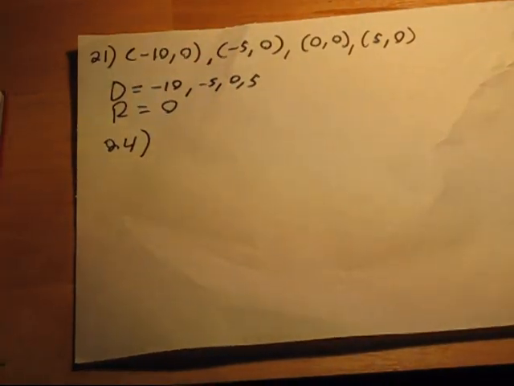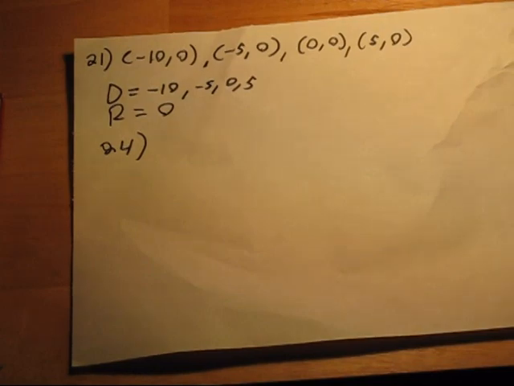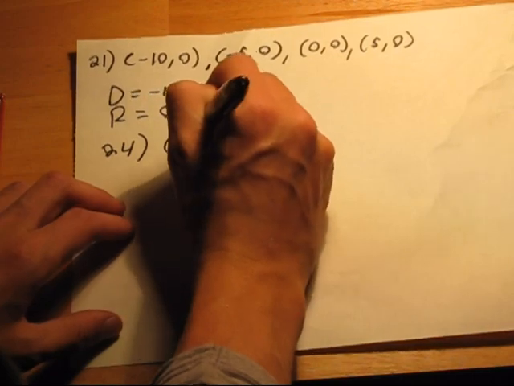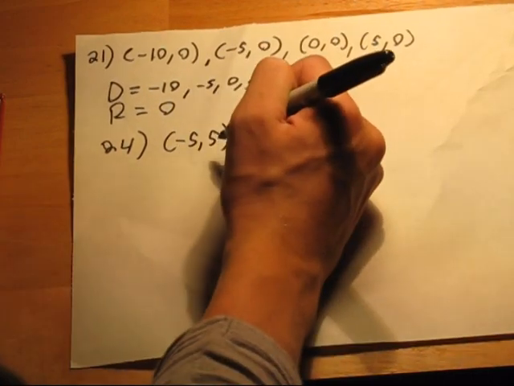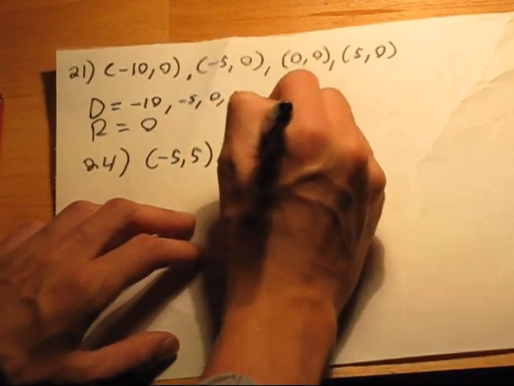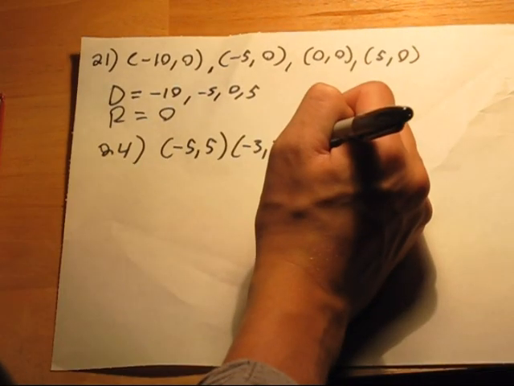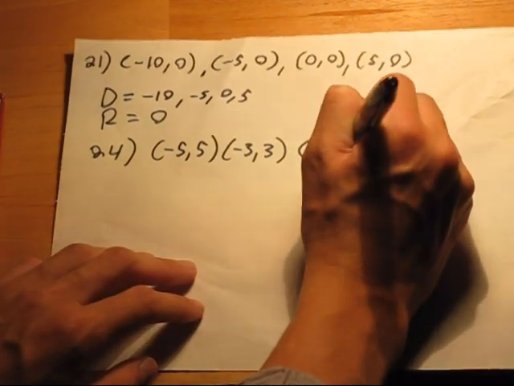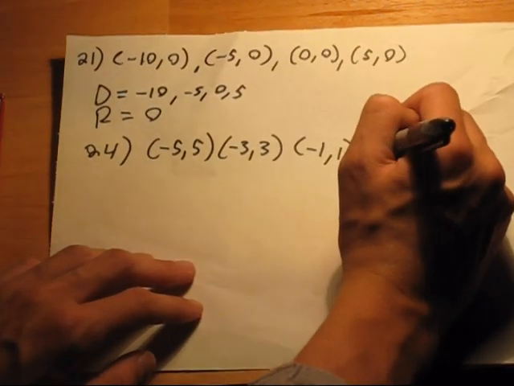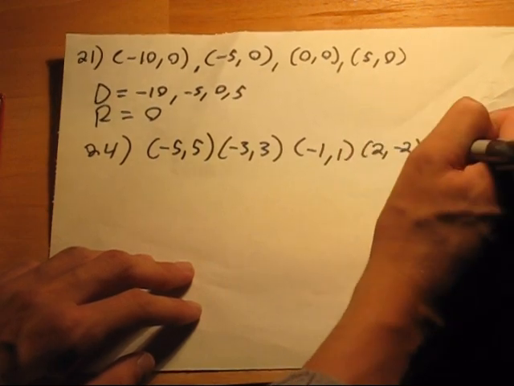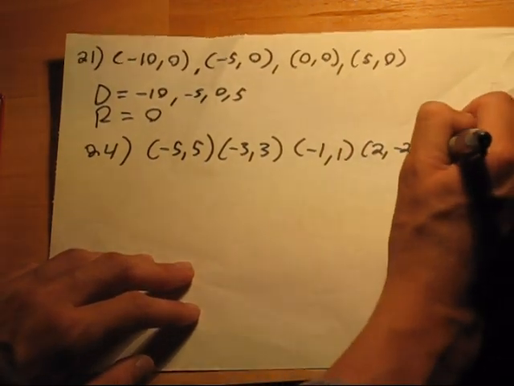So it looks like it goes 1, 2, 3, 4, 5 over and 5 up. So -5, 5. The next point looks like 3, -3. And then -1, 1. Then we're getting fancy here and going 2, -2. And then 4, -4.